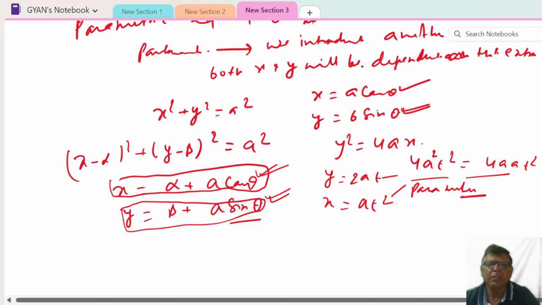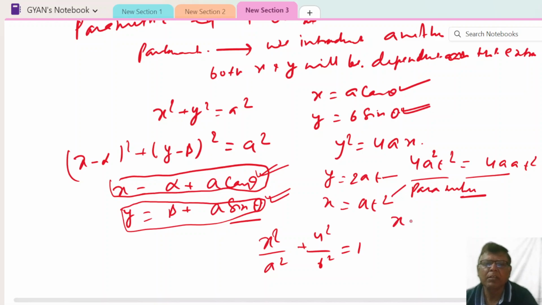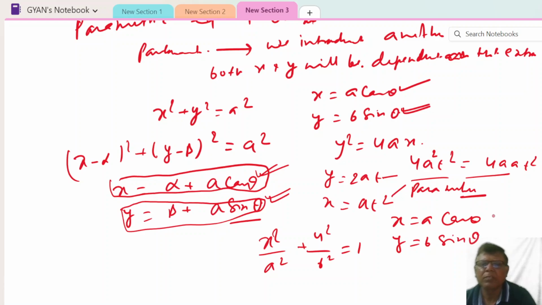In ellipse, suppose x square by a square plus y square by b square is equal to 1. So here x is equal to a cos theta and y is equal to b sin theta. So here theta is the parameter.